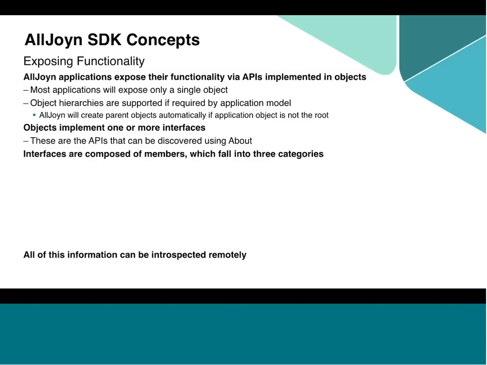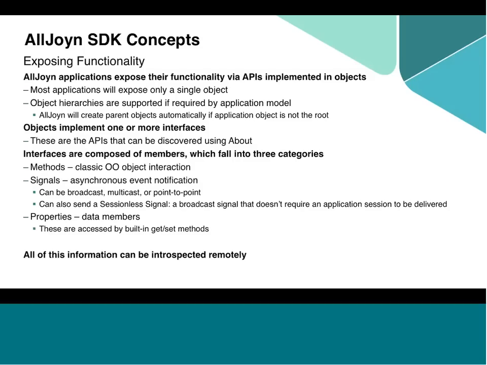There could be an org.AllSeen.ControlPanel, an org.AllSeen.Notification. All of these different interfaces can be implemented by one object or can be split out between a bunch of different ones. It's up to you as a developer to decide where you want these interfaces to live in your thought process. It's very much object-oriented programming.